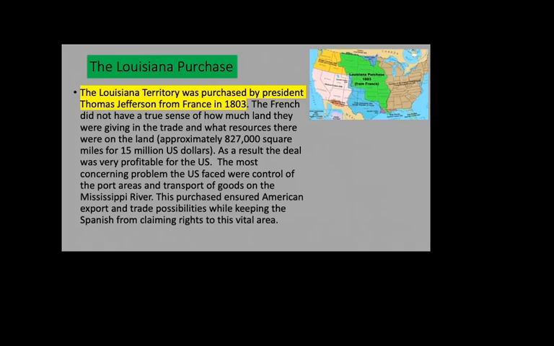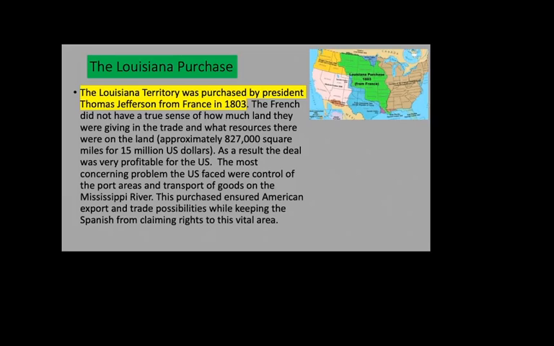And if we did not have control of the Louisiana Green Territory, then it was hard to control the ports in areas such as Louisiana, okay? So this was really important that the U.S. basically control the entire Mississippi River, okay? This purchase ensured American export and trade possibilities while keeping the Spanish from claiming rights to this vital area.